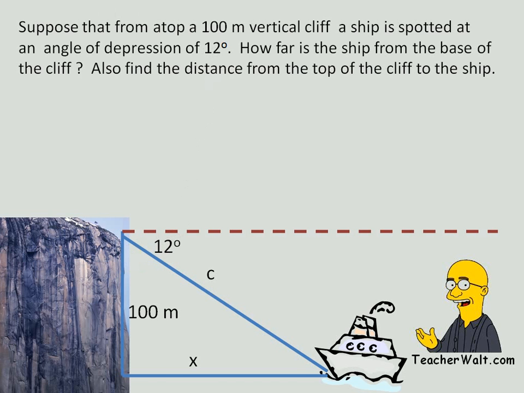But we can figure out this unknown angle, because obviously the cliff and the horizontal line form a 90-degree angle, 12 of which is taken up by the angle of depression. So we can find the remaining angle by taking 90 minus 12 and get 78. So the angle inside the triangle is 78 degrees.